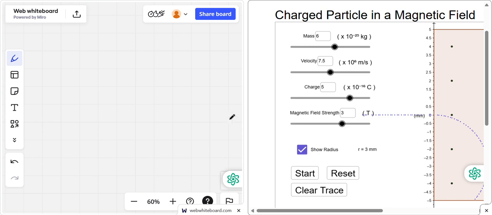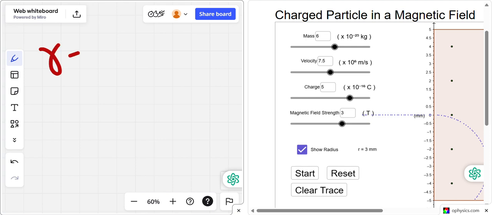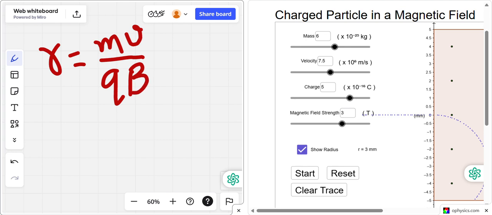This radius 3 millimeter is calculated by using the formula R equals mv over qB, where m represents the mass of the particle, v is the velocity of the particle with which it is injected into the field, q is the charge of the particle, and B is the magnetic field strength.